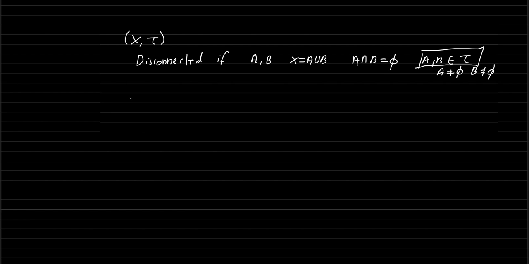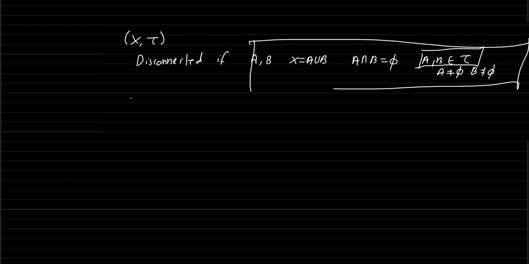And by using this we can define a connected space. A space (X, τ) is connected if it is not disconnected. A space is not disconnected means there does not exist such a pair of open sets. So let's define connected space. A space is connected if it is not disconnected, and so for that space there does not exist such a pair of open sets.